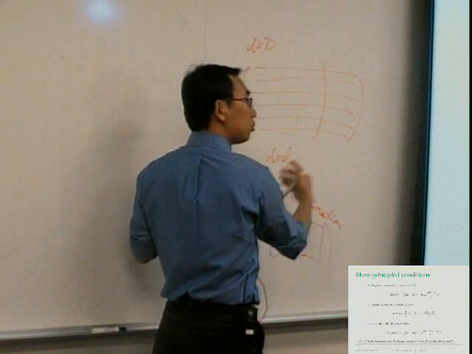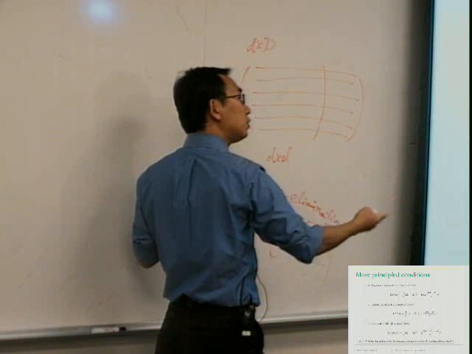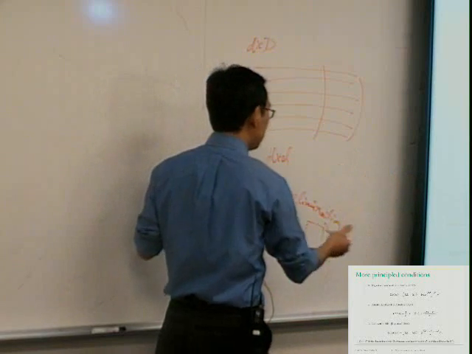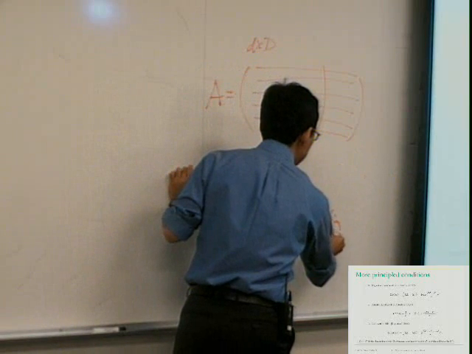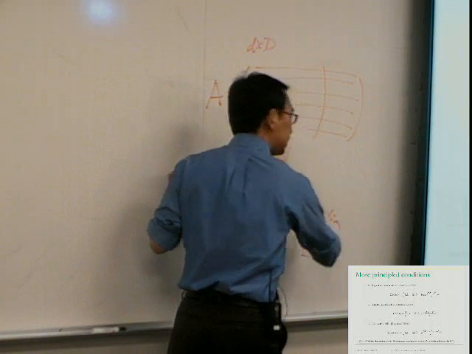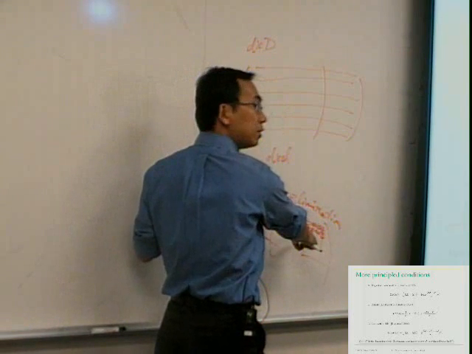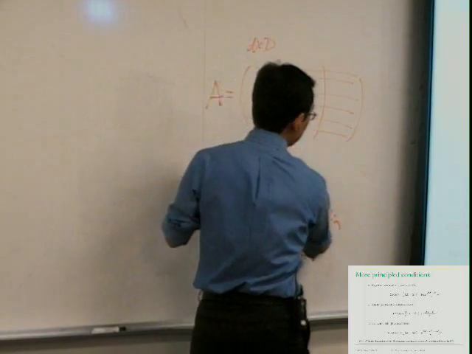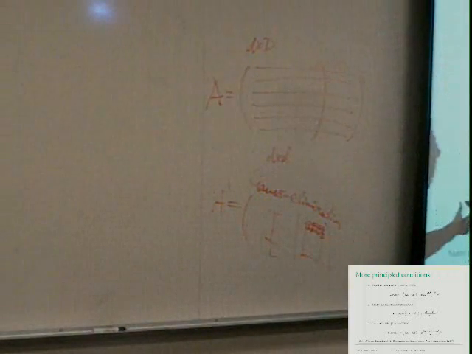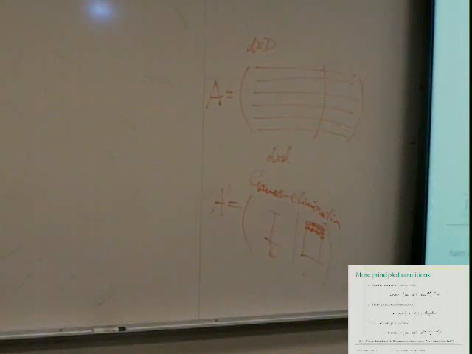So in order to describe the subspace, you only need to save the coefficients in the second submatrix. So the number of coefficients in this matrix will be capital D minus d, times d, right? Is that clear?